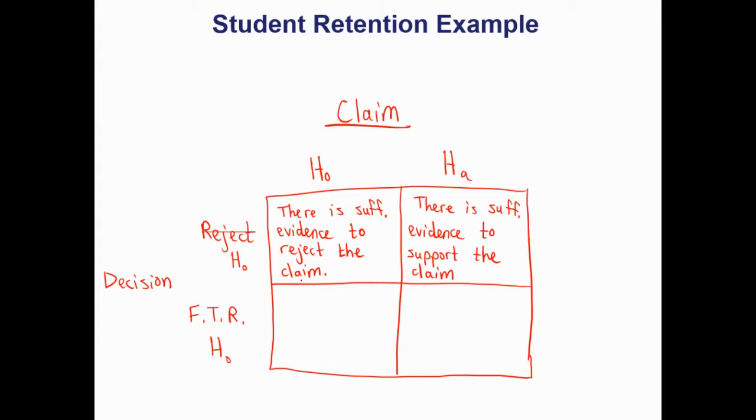Now let's go down below. So the claim is the null, and we fail to reject the null. So this one would be there is insufficient, or you could say there is not sufficient evidence to reject the claim.